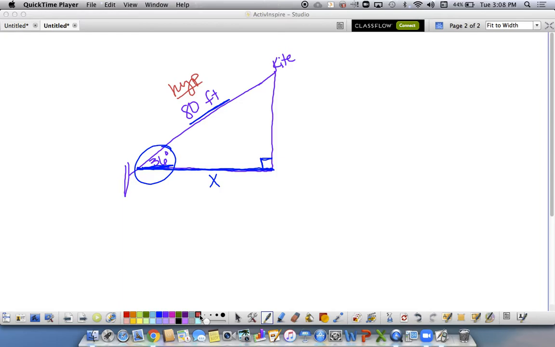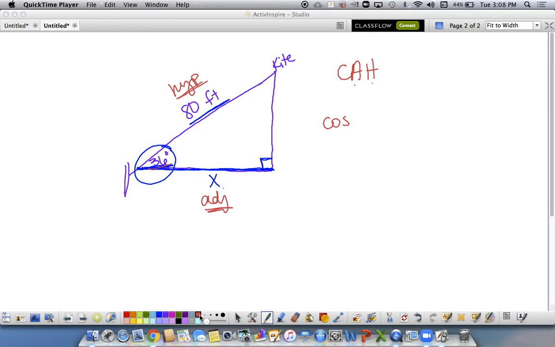You only have 3 choices: opposite, adjacent, and hypotenuse. The x is the adjacent. So how can we solve for x? What trig function relates an adjacent to a hypotenuse? Right, it's the CAH: adjacent over hypotenuse. So it's cosine of what angle?